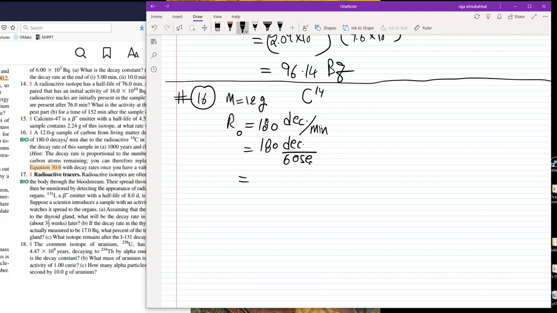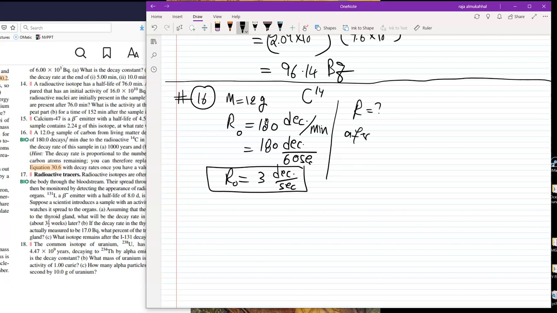So it becomes 3 decays per second. So that's the initial decay rate. You got that? Okay. Now he's asking, what is the decay rate after 1,000 years.